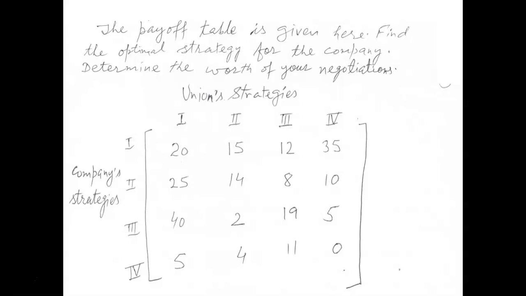Company strategies are row-wise 1, 2, 3, 4, and union strategies are column-wise 1, 2, 3, 4. So if the company chooses strategy 1 and the union chooses strategy 1, there will be a payoff of 20 units to the company. Similarly, we can interpret all other payoff values in this payoff matrix.